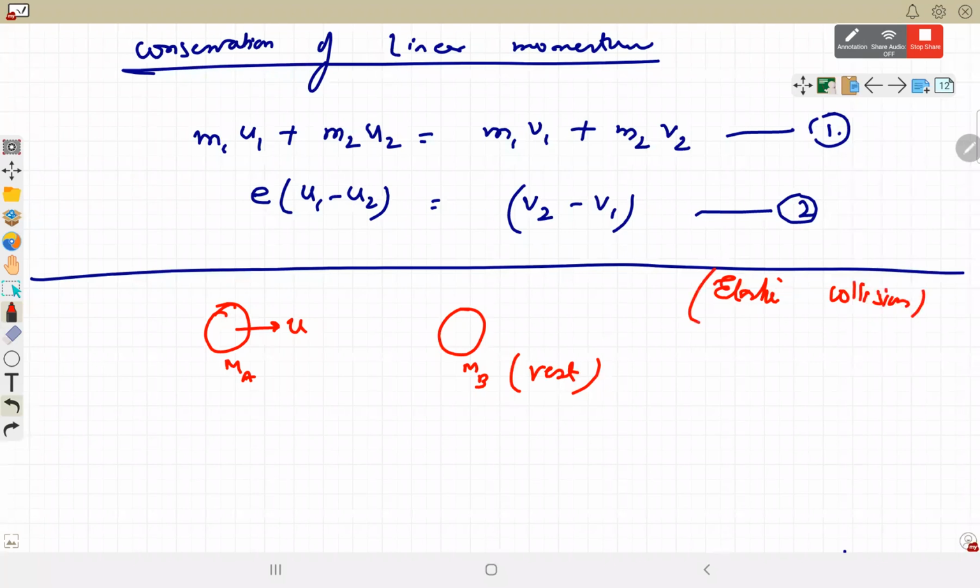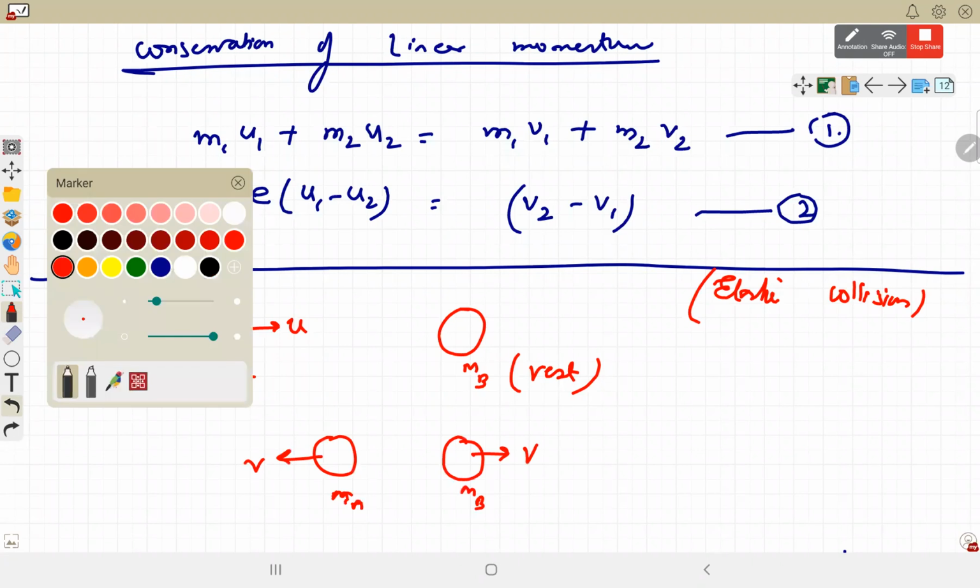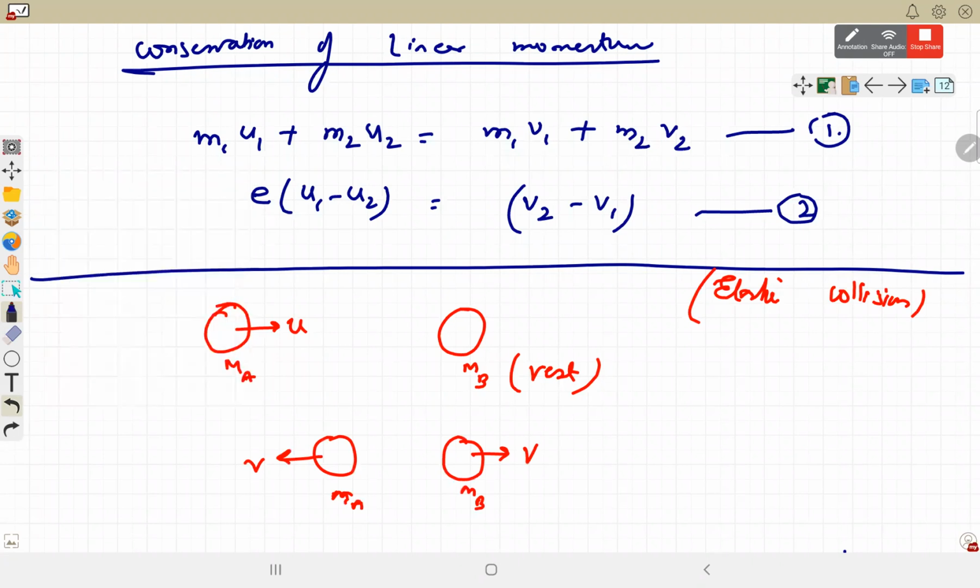It says that after the collision, they fly apart in opposite directions with equal speed. So they have equal speed but in opposite directions. And it says to find the ratio of MA to MB.